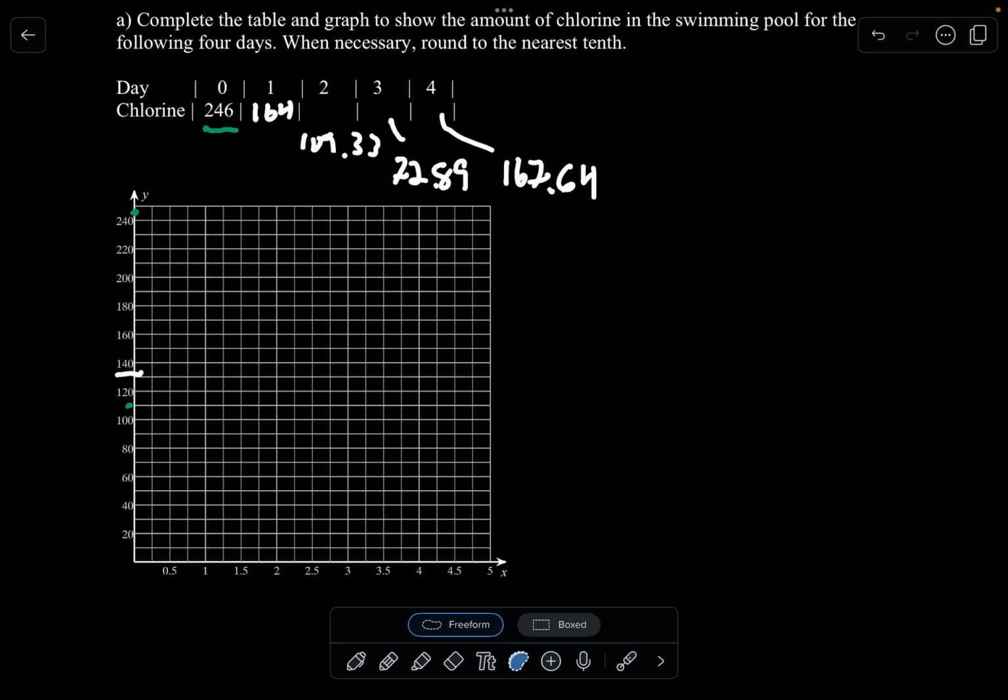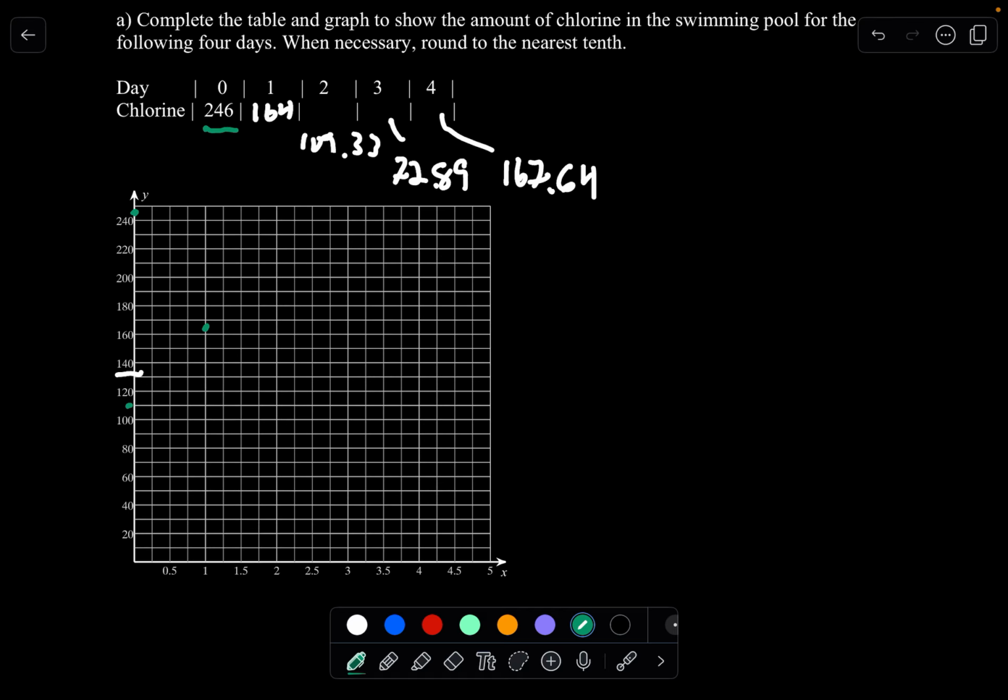There it is. And then it's 164 at 1. That's halfway between 160 and 170. Mind your scales, how much each line is worth. So it's roughly right there.